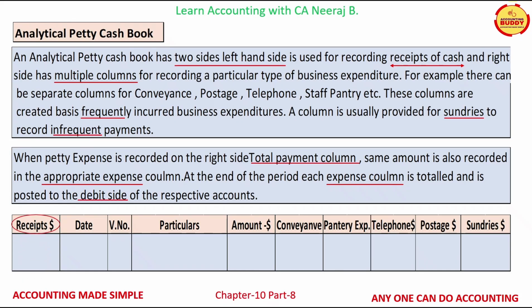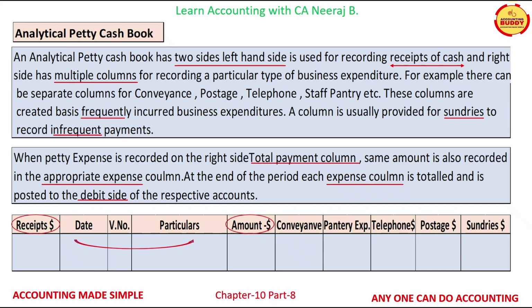In the receipt column, the amount of cash received to meet the petty cash expenses is recorded. Next three columns, date, voucher number and particulars are common for the receipt and the petty cash expense payments. The amount of petty cash actually paid for each expense transaction is recorded under the amount column.